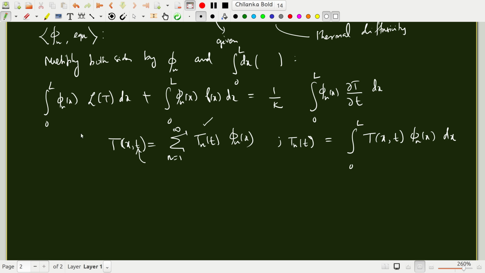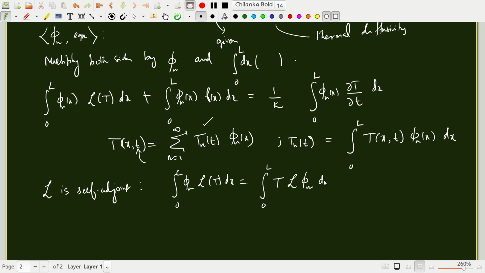Now L is a self-adjoint operator. This means that integral 0 to L phi n L of T dx is integral 0 to L T L phi n dx.